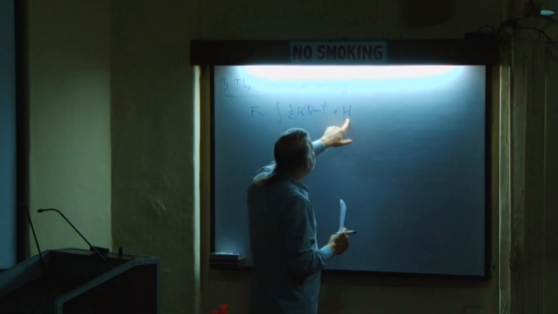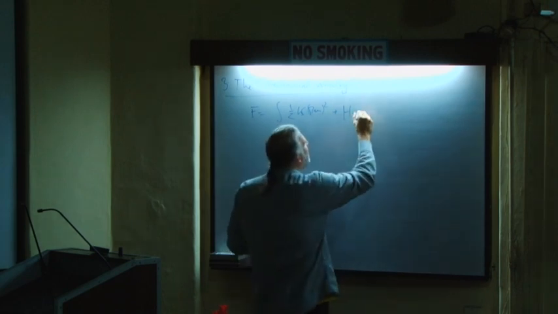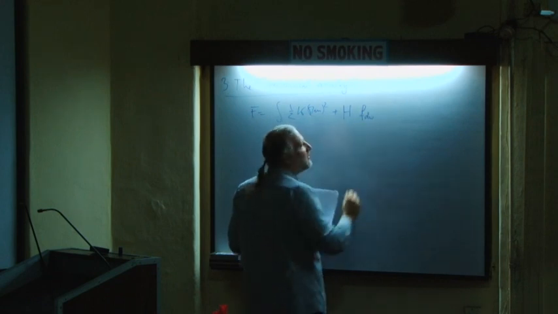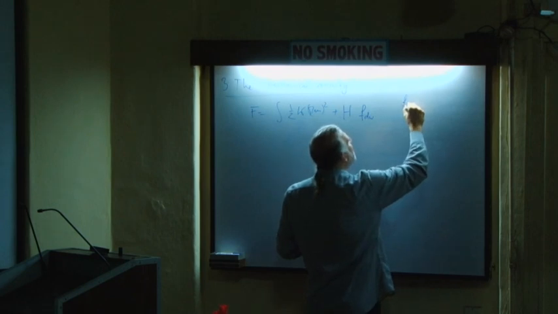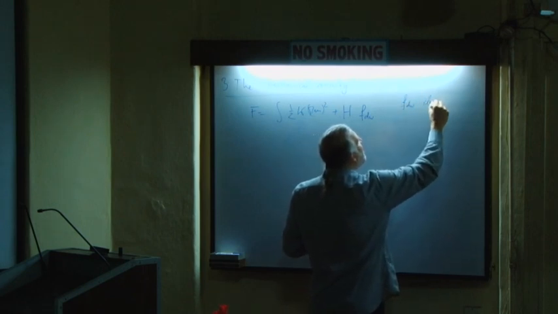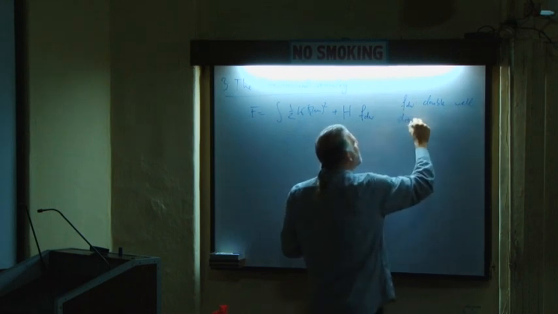So let me keep the h, which is a physical constant, and let me put here a function, f_w, which is just a double well potential. So f_w has the shape of a double well, and now this is a dimensionless function.